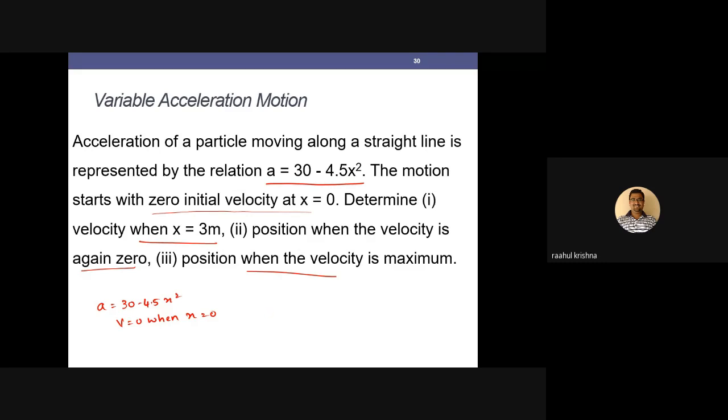तो मुझे कौन सा expression use करना है यहाँ पे? Acceleration equal to v dv by dx, equal to 30 minus 4.5 x square. So ये मेरा first expression हो गया. I'll be requiring this at some point. Second, now acceleration equal to v dv by dx equal to 30 minus 4.5 x square.